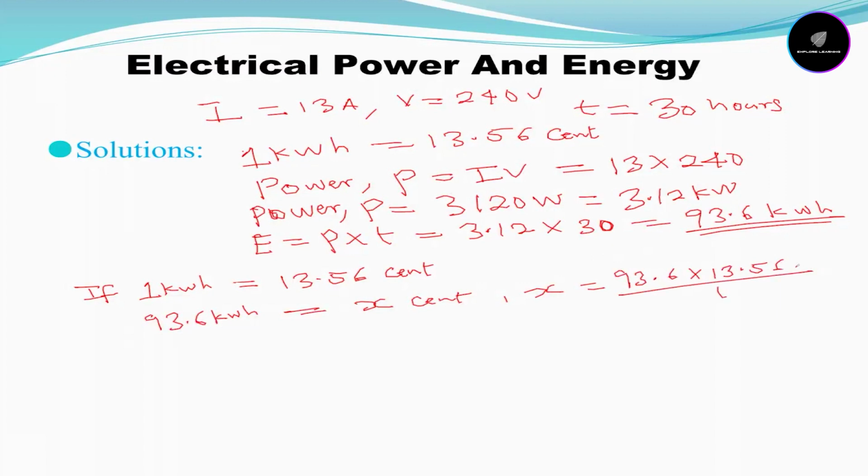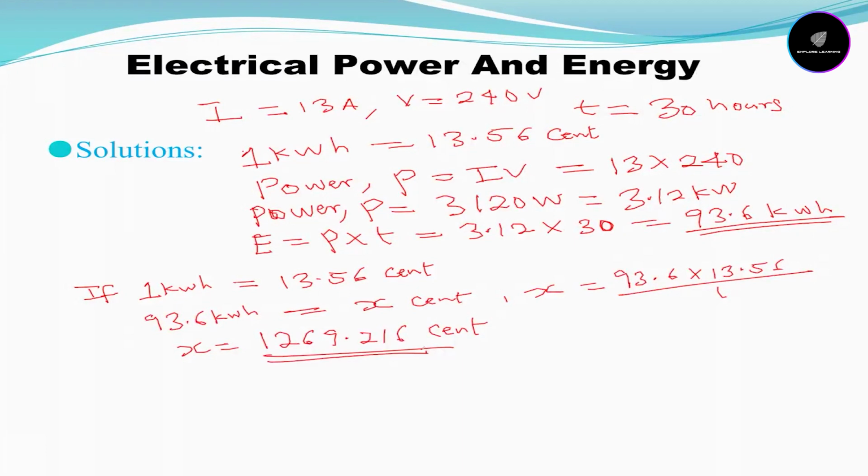Okay, so at the end of the day we're going to have X equal to 1269.216 cents. This is what we're going to get at the end of the day.